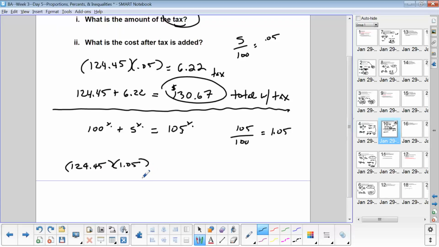So $124.45 times 1 5/100, and you result in $130.67. So you get the same answer as we found up here. It's just really what method makes sense to you and which one you understand. Here we're looking at tax. Sales tax is going to be added on. That's why we see the number larger than where we started.